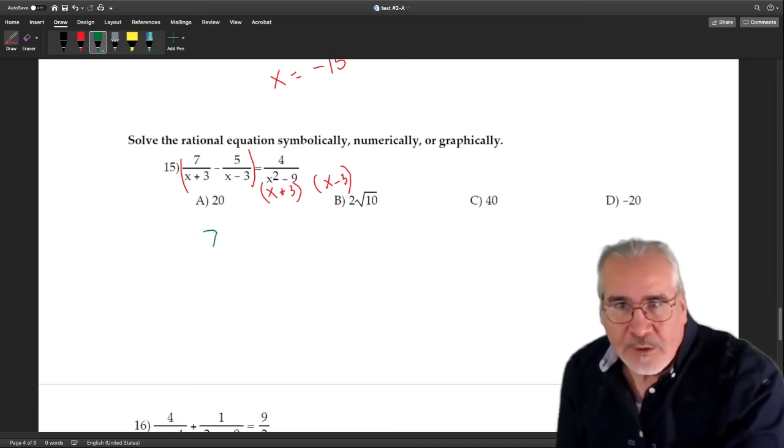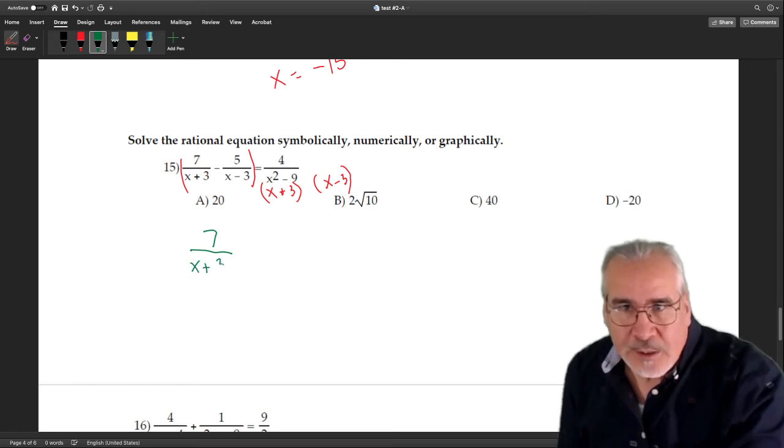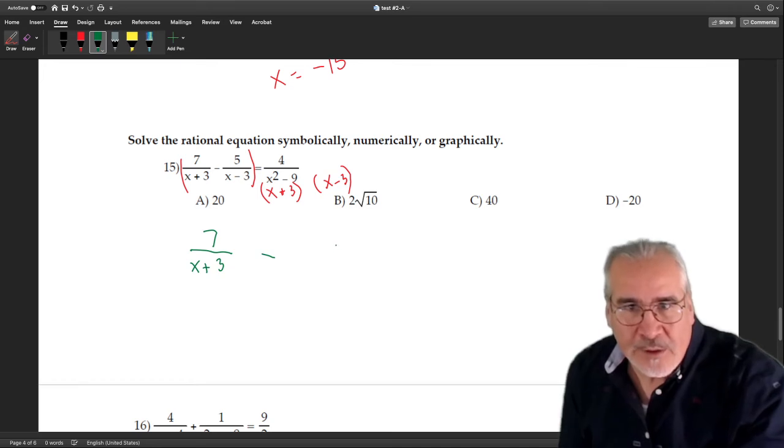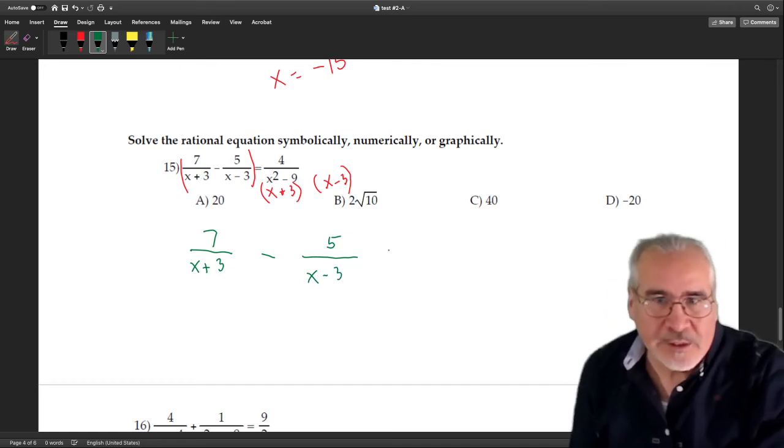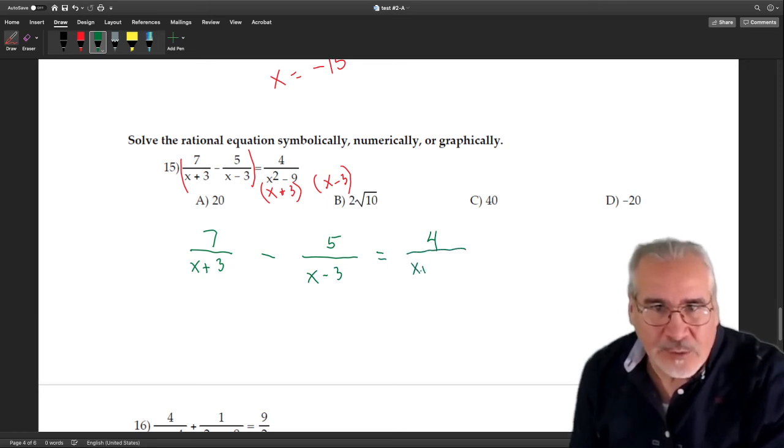I'm going to have 7 times x plus 3, giving some room, minus 5 times x minus 3. Maybe I don't need that much room, but I'm going to put it anyway, equals 4. And I'm going to write that as x plus 3, x minus 3.